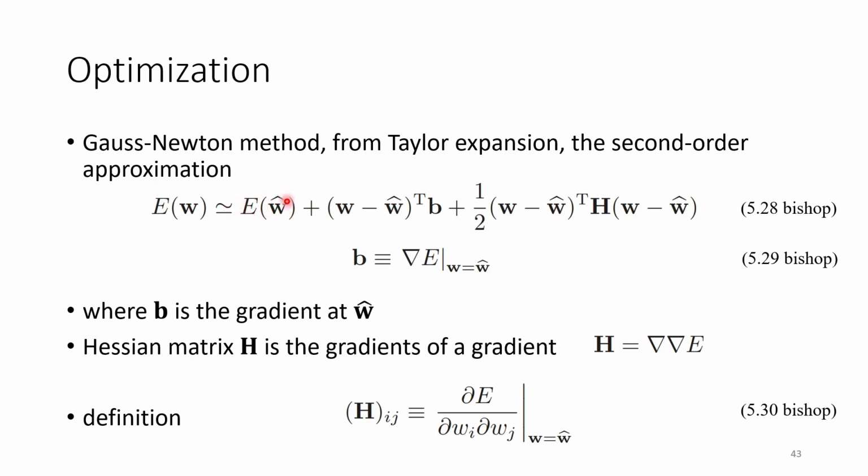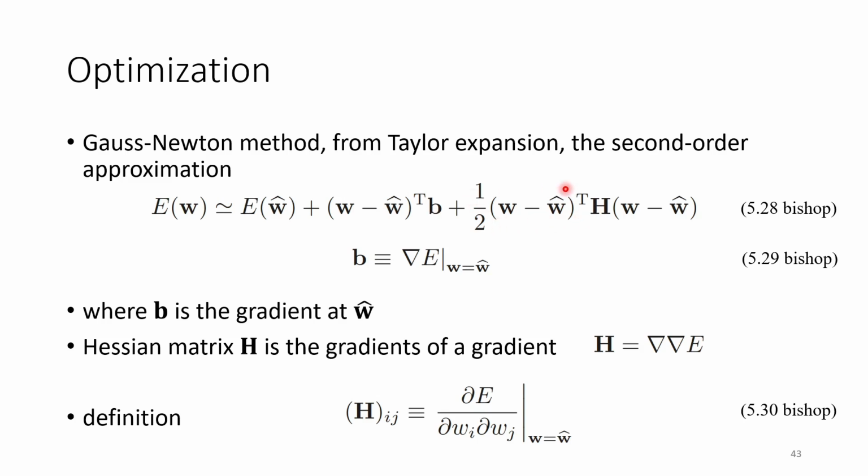This is a w hat, just a point in the big parameter space. This is the first order expansion term, and this is the second order expansion term. The b is the gradient. This is what we calculate from the backpropagation.